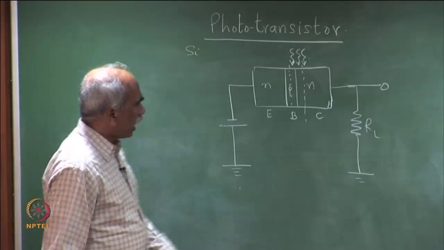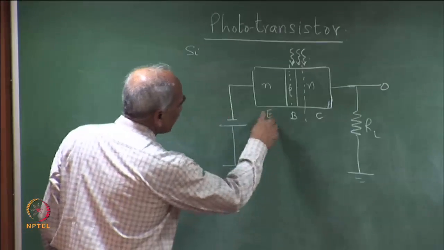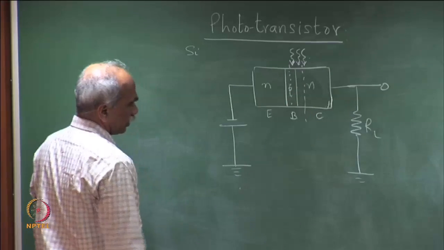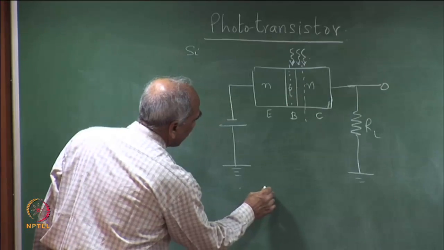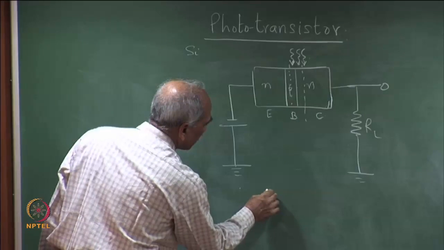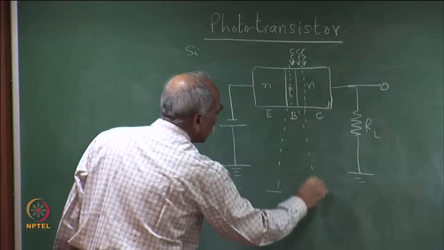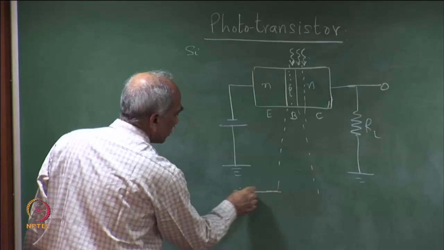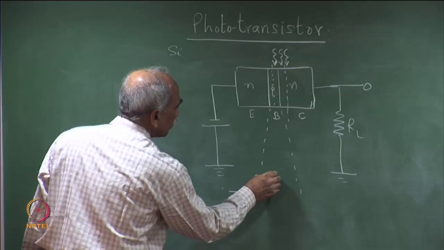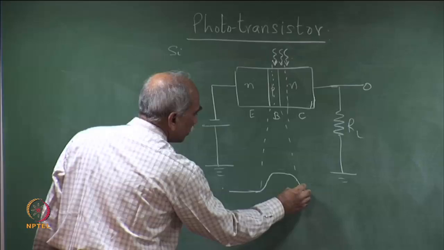This can be understood more clearly if we look at the energy band diagram of this NPN junction. So, let me plot the energy band diagram here. This is an NPN junction, with the P region and the N region.